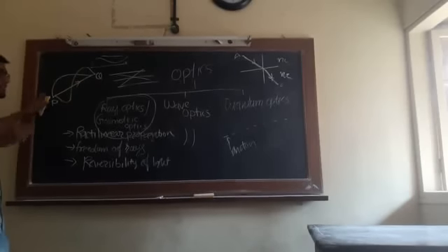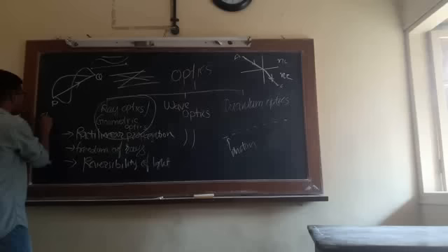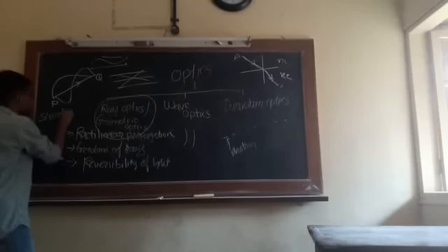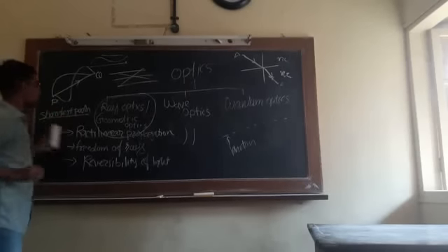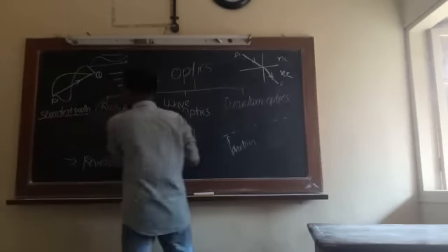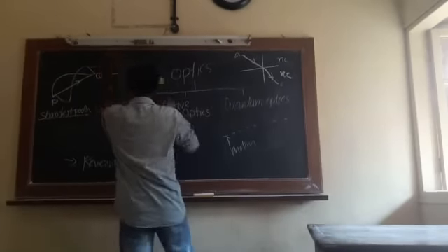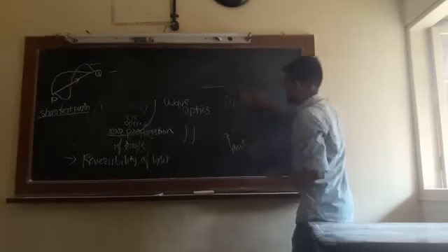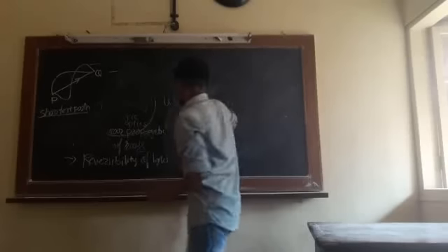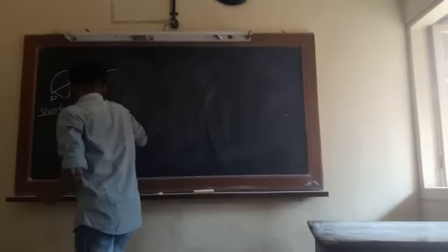And from this, the principle of shortest path comes. After that, we will consider 2 cases. The first is reflection and the other is refraction. So now we will see what happens in that.